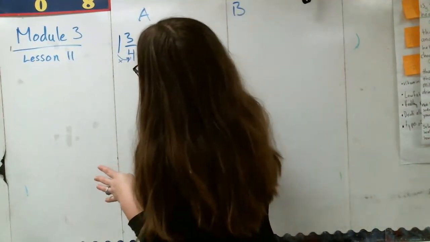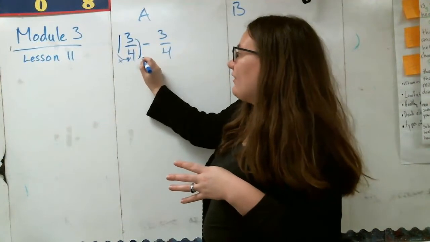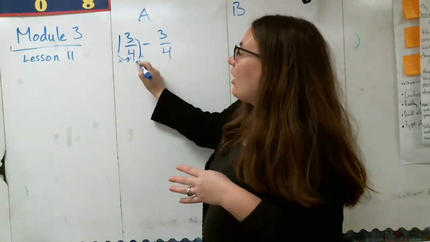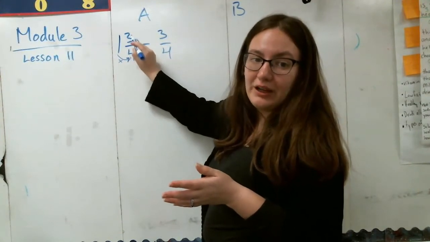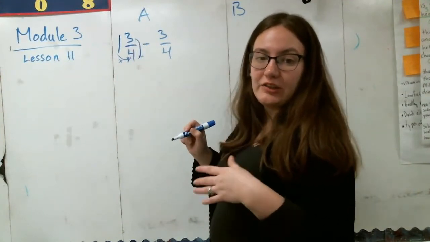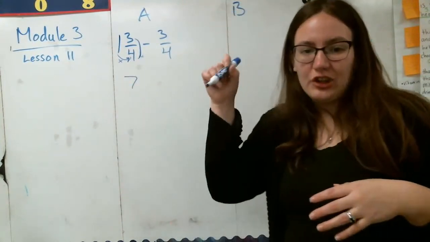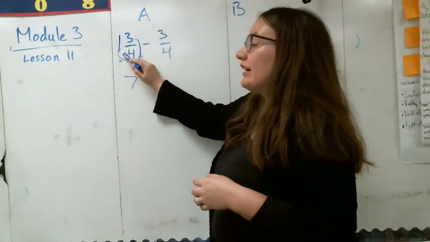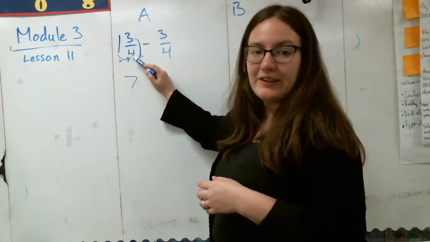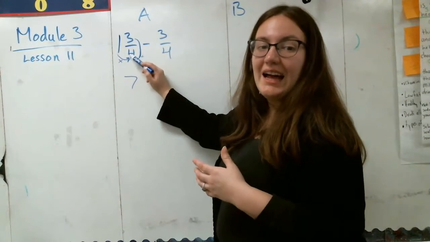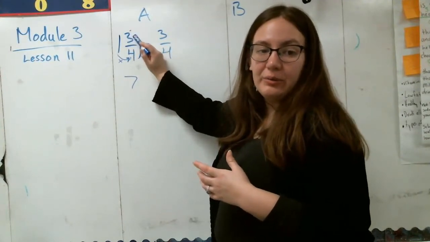Then I keep going up, and I think, well, I did 1 times 4, but now I need to add this answer, so 1 times 4, which is 4, and then I add 4 plus my numerator, and my numerator is 3. So 4 plus 3 is 7. Think of it almost like you're going in a backwards circle. You start here, you make your way backwards, and you multiply this first set of numbers, so 1 times 4, and then you keep going around backwards and add what's on top.